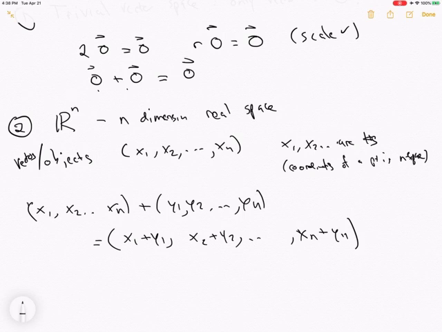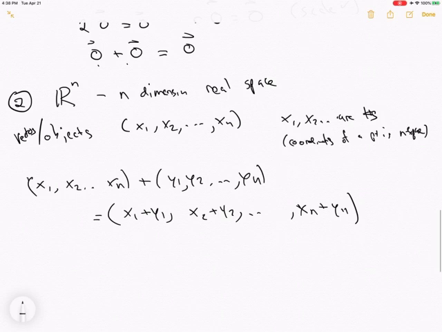Now because the coordinates are themselves ordinary numbers, and we're just defining addition by adding the coordinates, we know addition of numbers is associative and commutative, so this is associative and commutative. That's good.